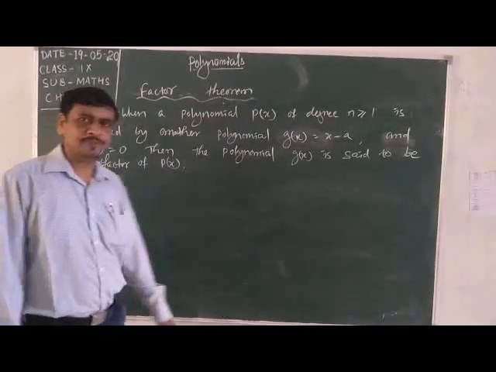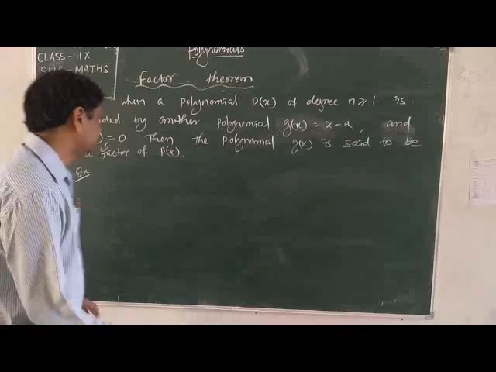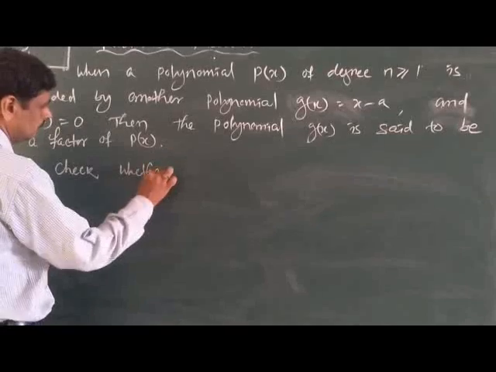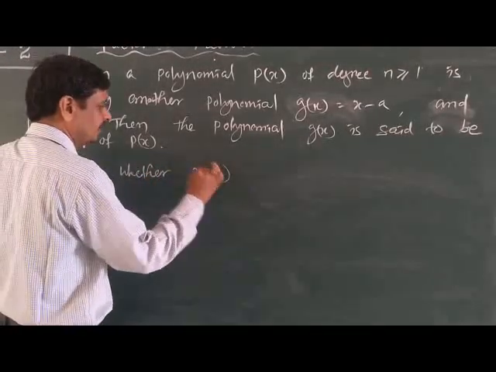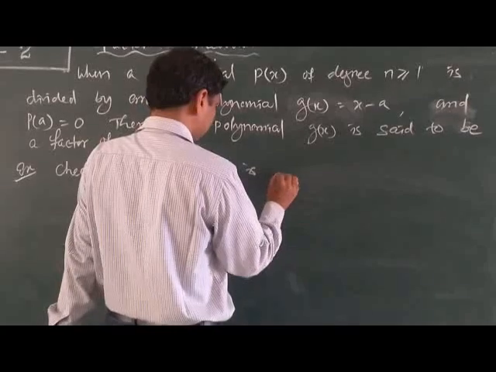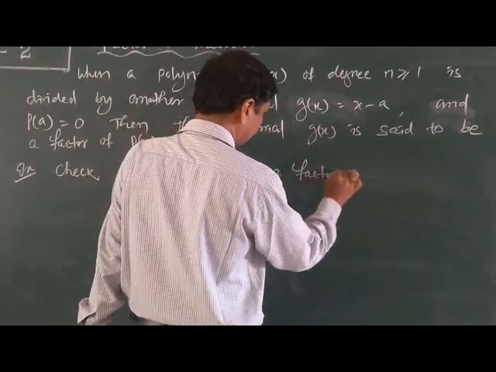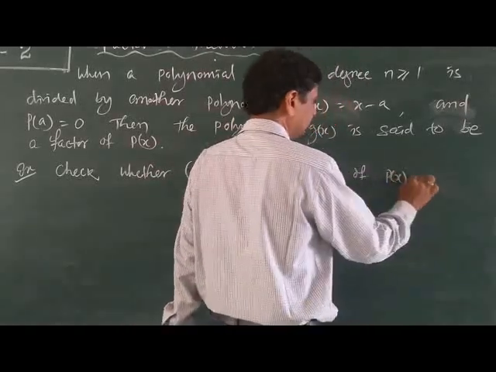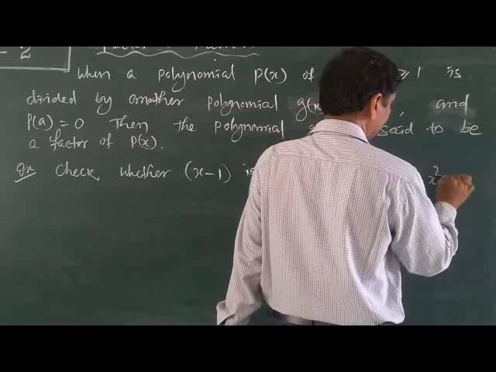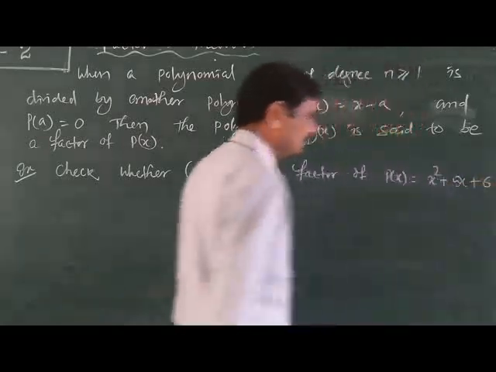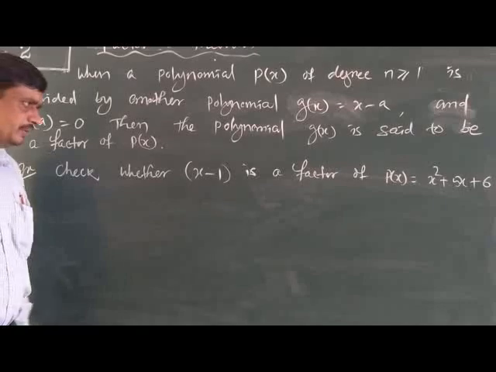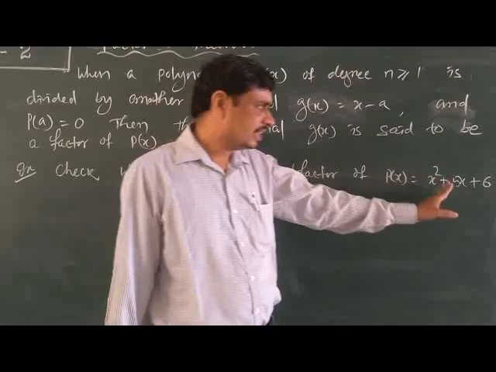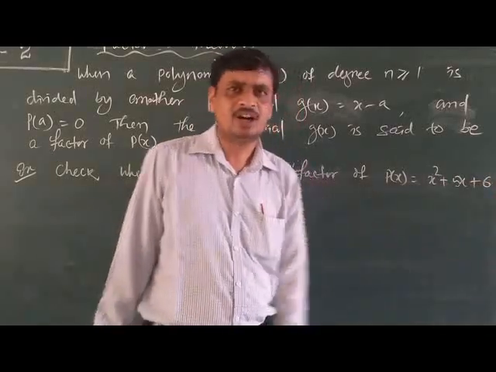Check whether x minus 1 is a factor of the polynomial x square plus 5x plus 6. Here we will check whether this x minus 1 is a factor of this x square plus 5x plus 6 or not.